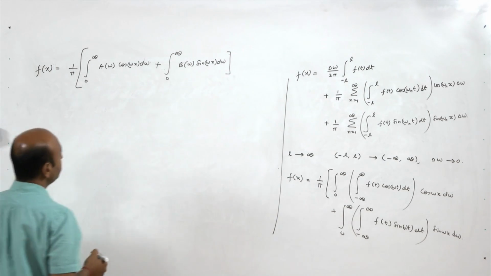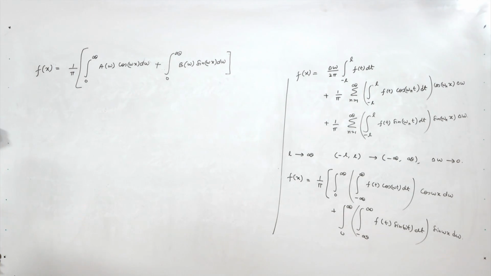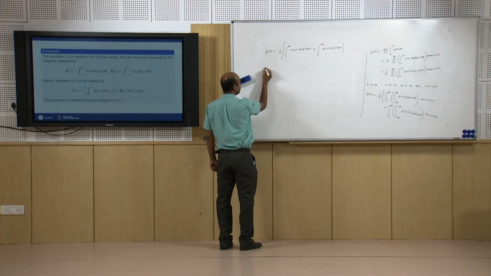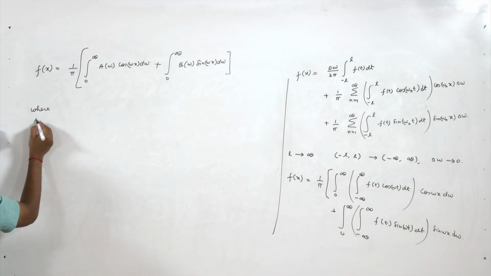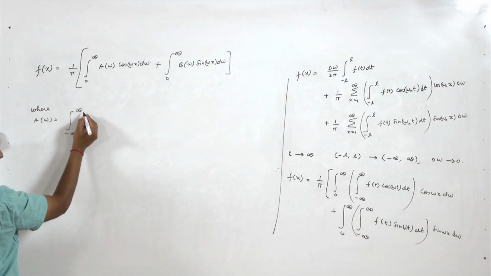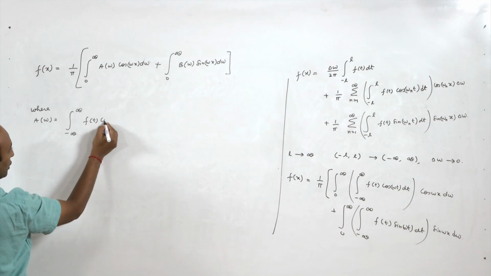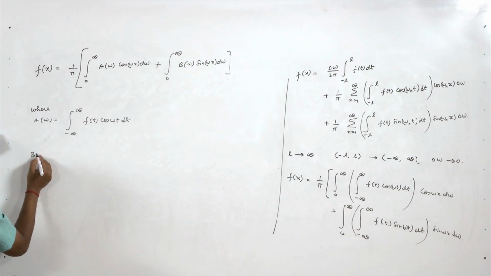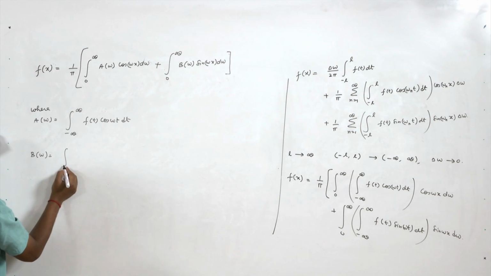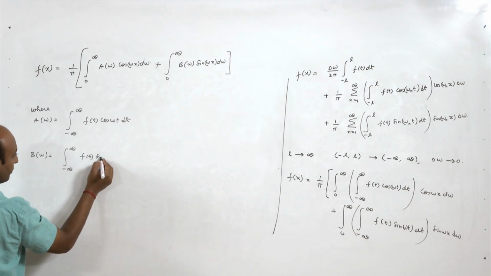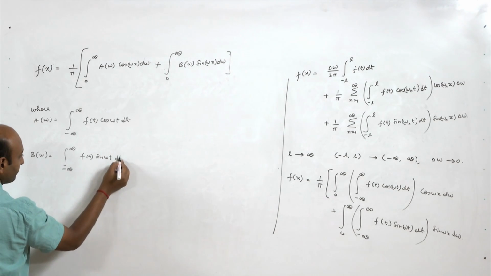Where A(omega) is nothing but integral minus infinity to plus infinity f(t) cos omega t dt and B(omega) is nothing but integral minus infinity to plus infinity f(t) sin omega t dt.